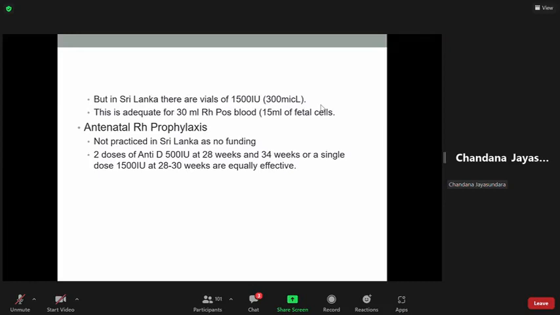You can give 2 doses, but the problem is that with 1,500 unit vials, you have to make 2 vials at 28 and 34 weeks and throw away 1,000 each, because you have to use it on the same day. So we give a single dose of 1,500 at 28 to 30 weeks. That's the most suitable option, but still it is not given in the government sector.